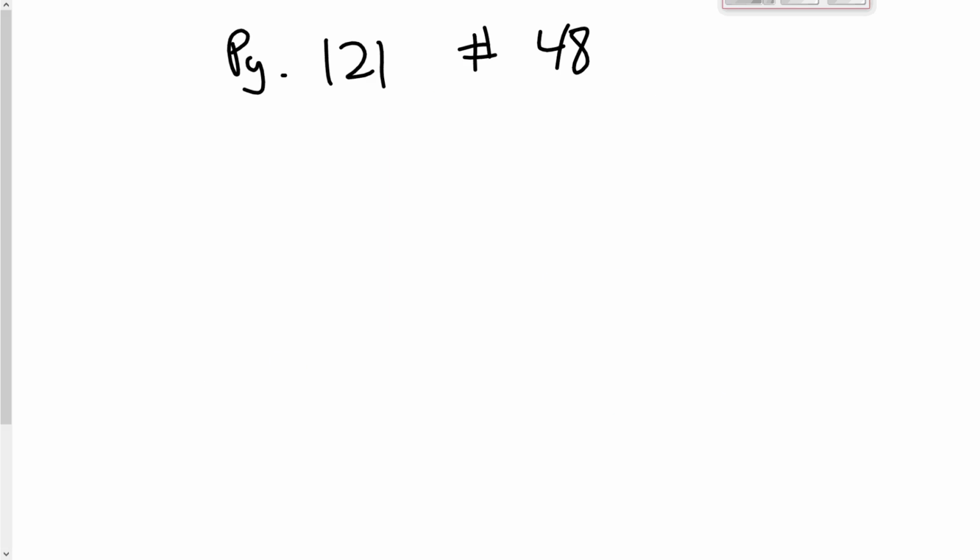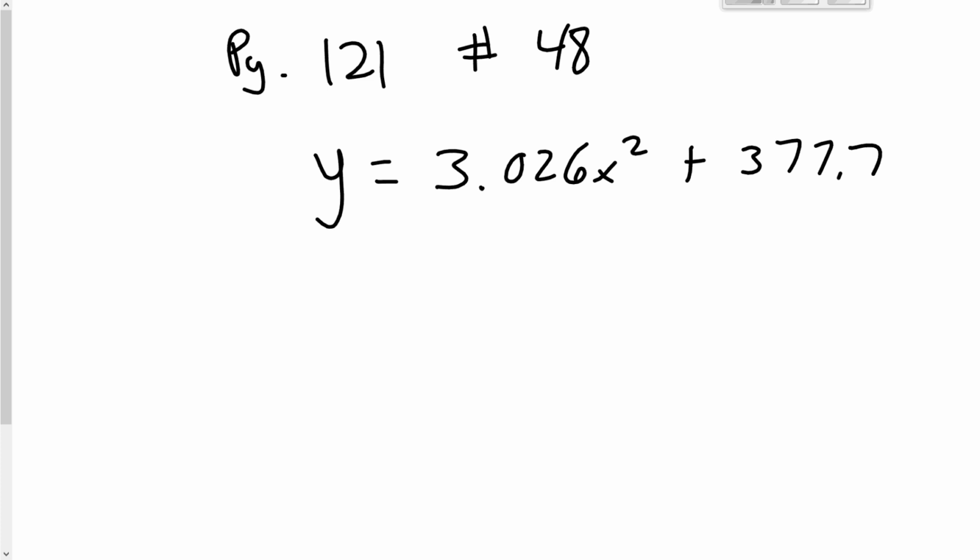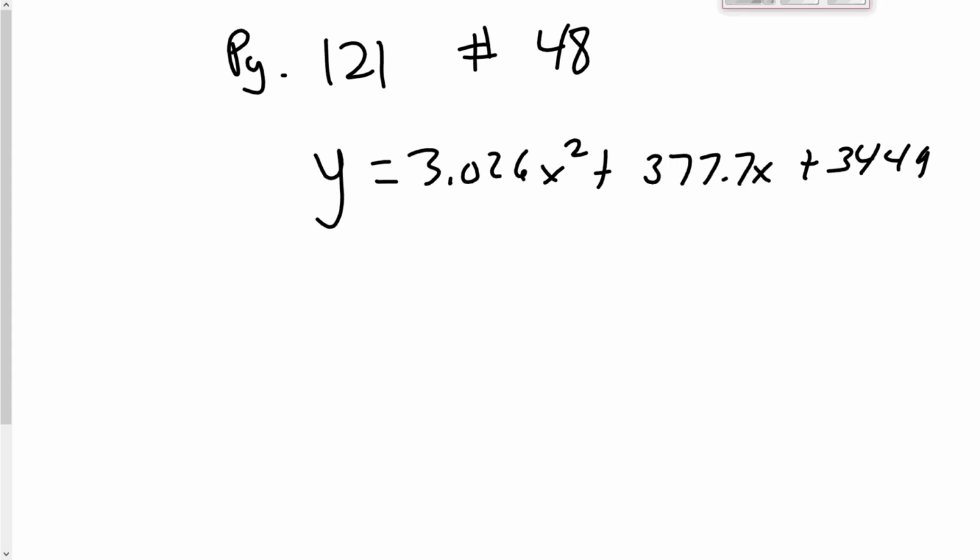This one deals with college tuition and fees for in-state colleges, for 4 years at public colleges between the years 2000 and 2010, and it's modeled by this equation: y equals 3.026x squared plus 377.7x plus 3449. Sorry, I was running out of room, so let me move that over. That's what the model is.